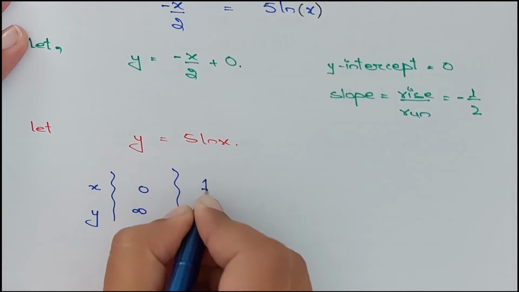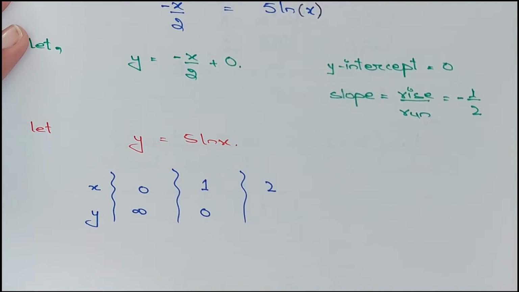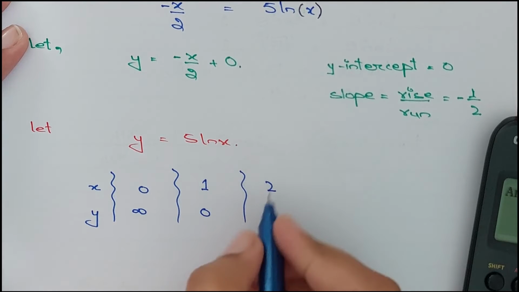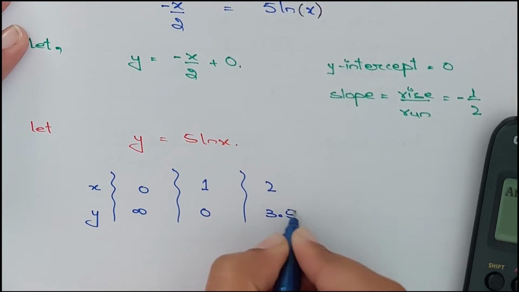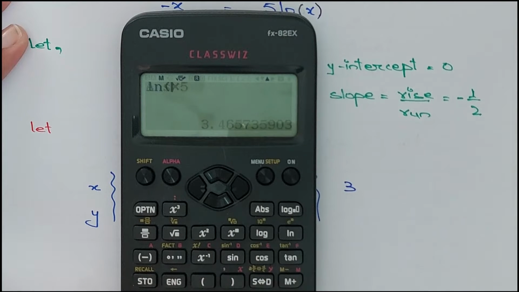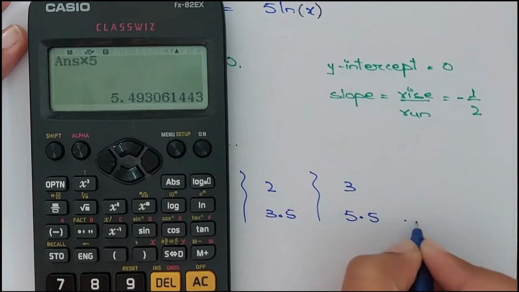When x is 1, ln of 1 is 0. When x is 2, ln of 2 times 5 is 3.5. And when x is 3, ln of 3 times 5 is 5.5, and so on.